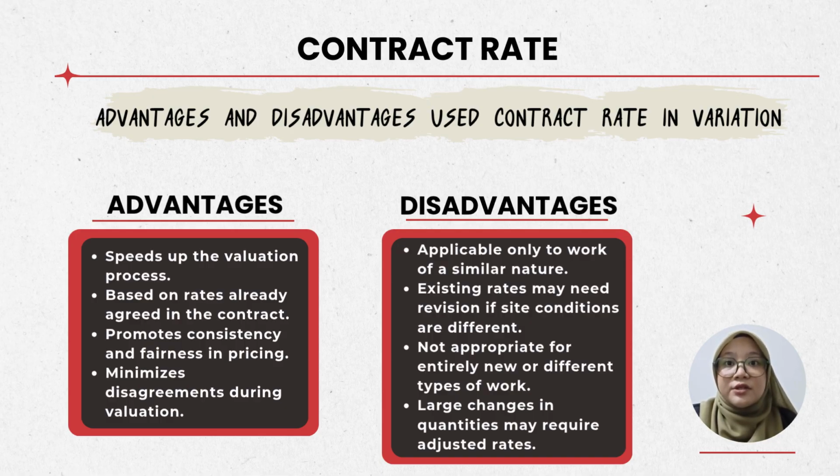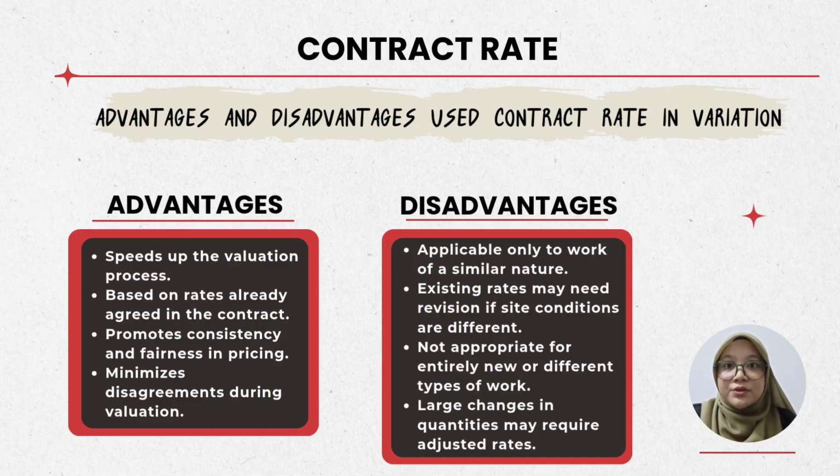Lastly, using contract rates helps to reduce disputes. Since the rates have already been accepted by both parties in the contract, there is less disagreement regarding the value of the variation work.